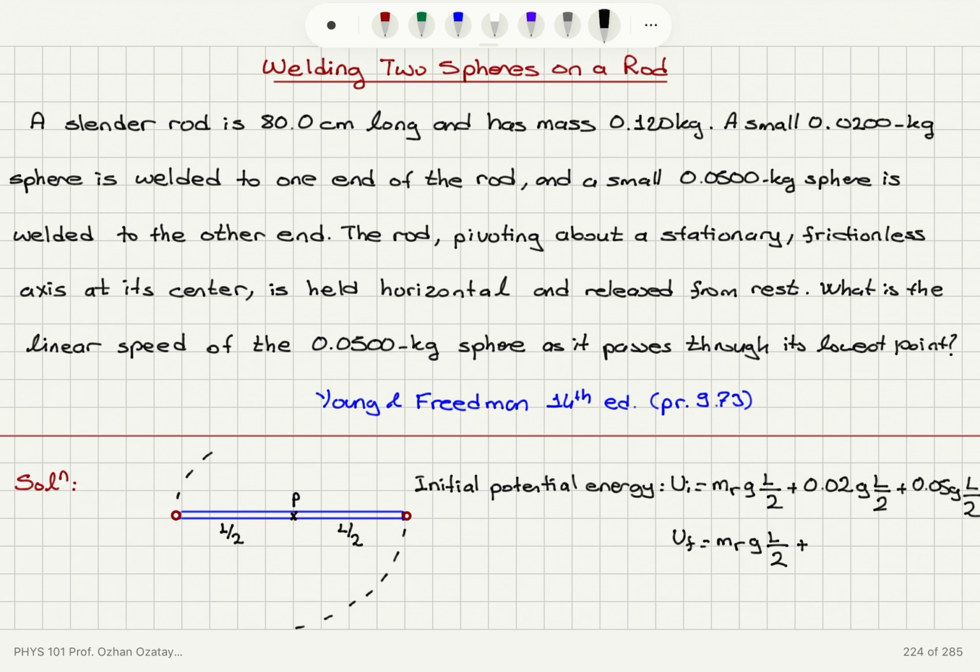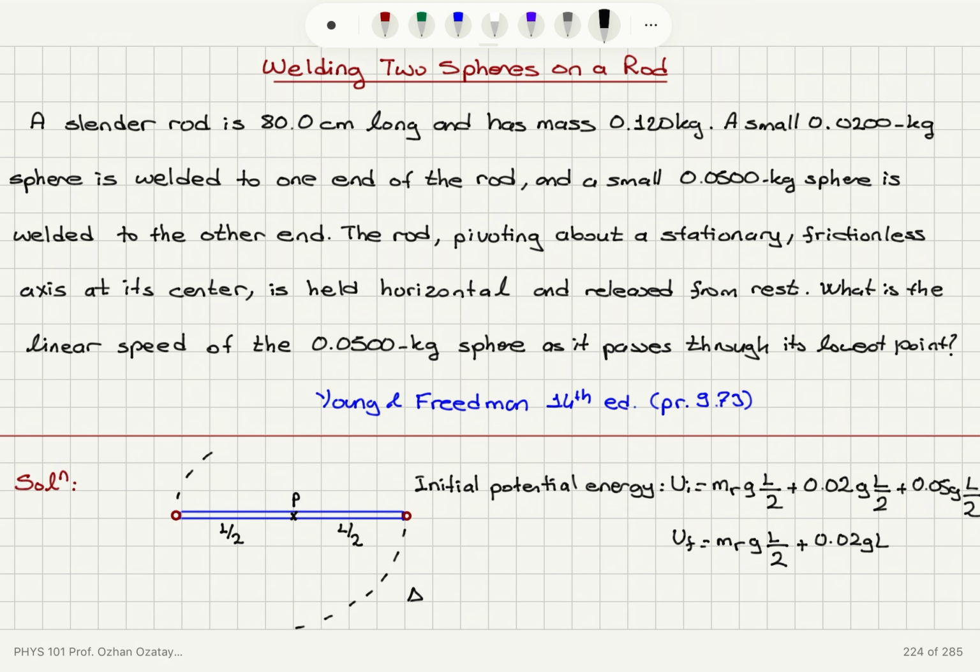However, the 0.02 kilogram mass will be at a distance L. So if this is the 0.02 kilogram mass, it will be at a distance L/2 plus L/2, but the other one will be at the bottom with zero potential energy.